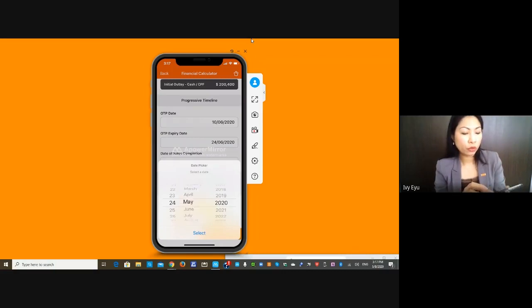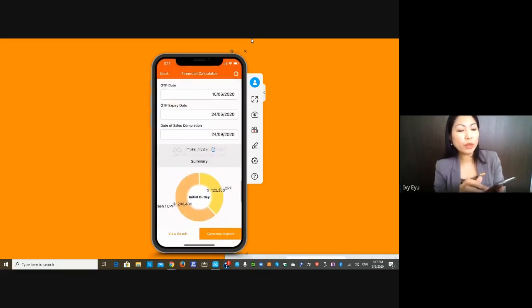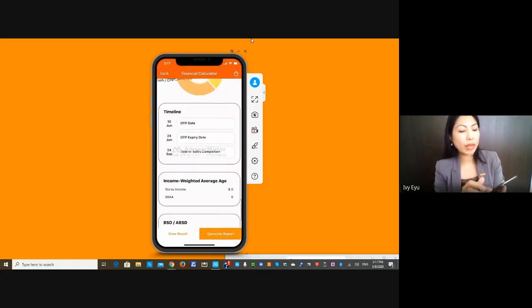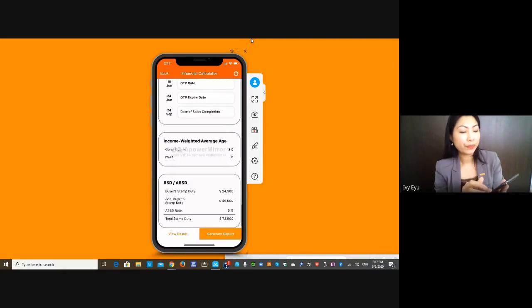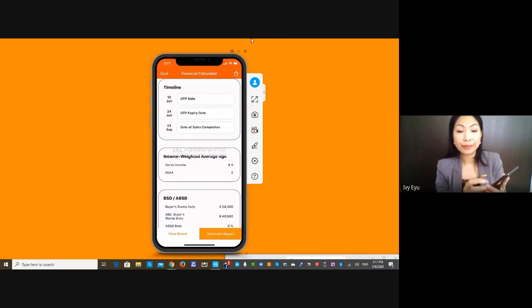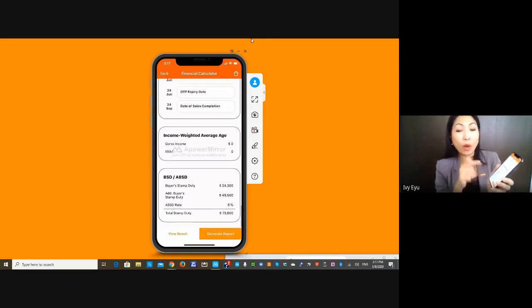So for the June month, then we shall complete sometime in September. So the moment you input the 3 dates, you can see from the timeline here, it will be in place. And at the bottom, we'll have more clearer picture with regards to the BSD and the ABSD.